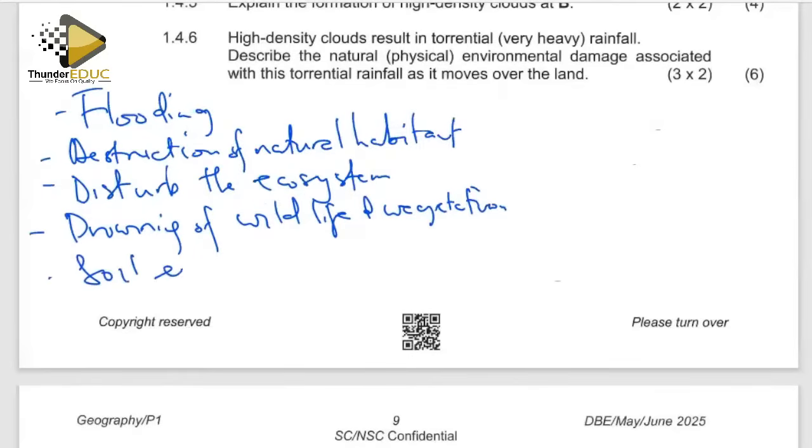Aspects like soil erosion, it is likely to cause soil erosion that is going to affect the soil on the natural environment. You can talk of aspects like may cause leaching of soil nutrients.